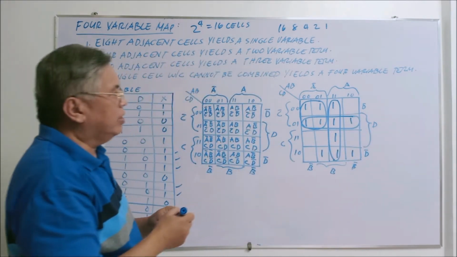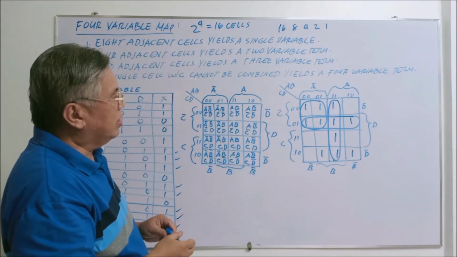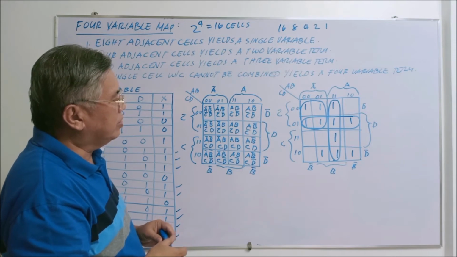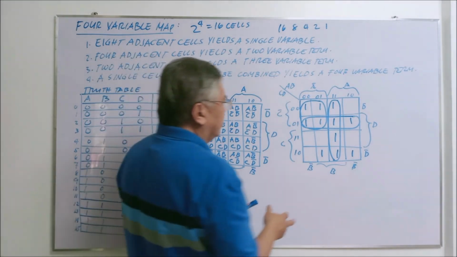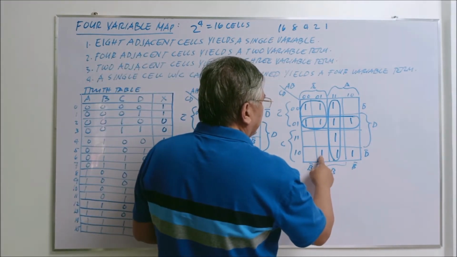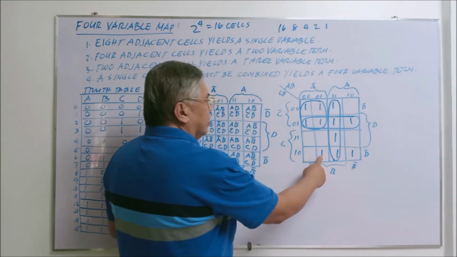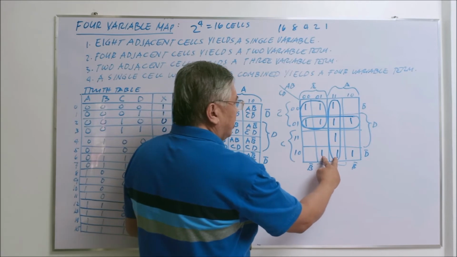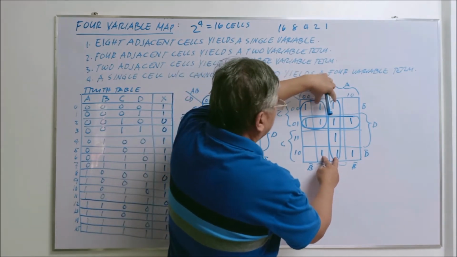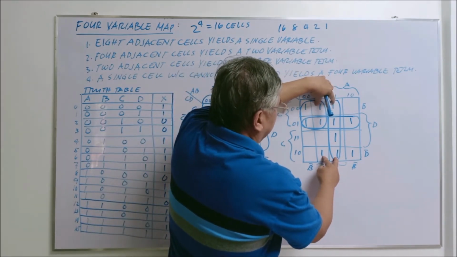Okay, and then is there any other 4 adjacent cells? This cell here is not yet grouped, which is adjacent to the cell and adjacent to these 2 cells here.